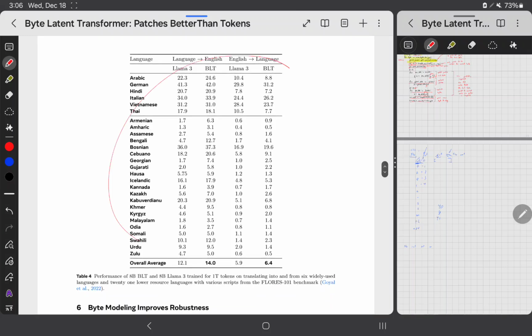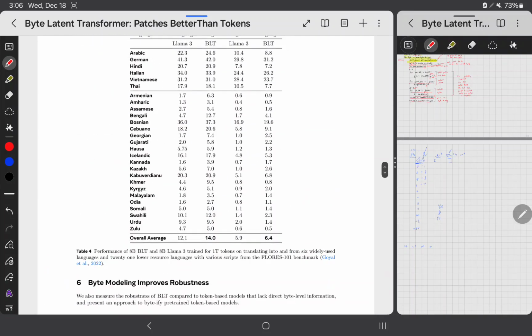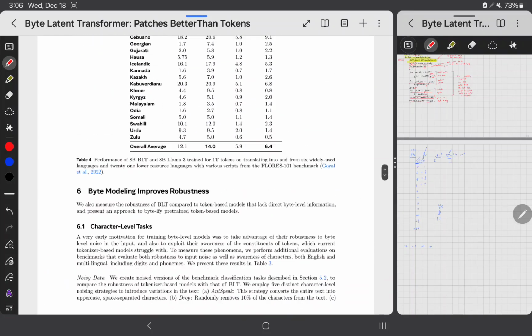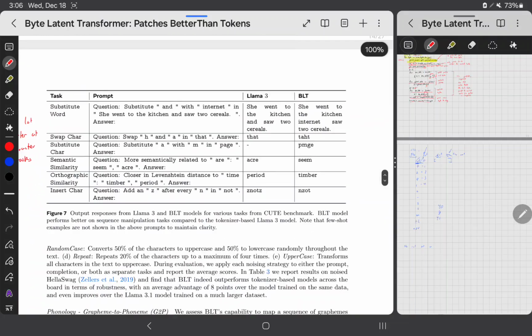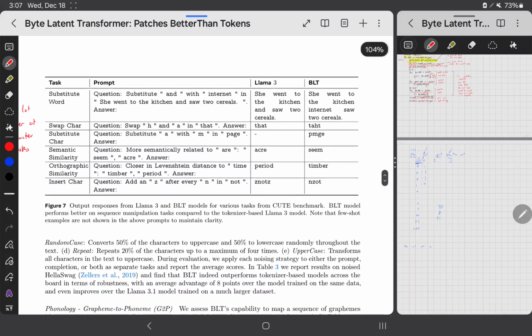And then they show it does different languages, like this translation. So they show it works, and they show it's not terrible. And then they show it can do well at character level tasks, which the other model couldn't. So here, swap H and A in that. Llama 3 can't do it because that is probably a single token.